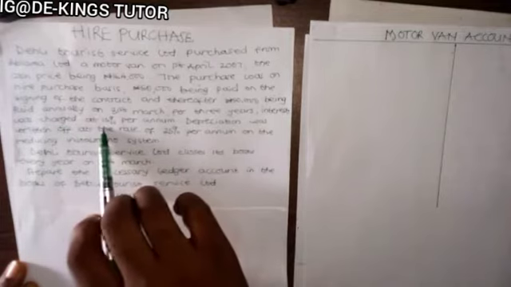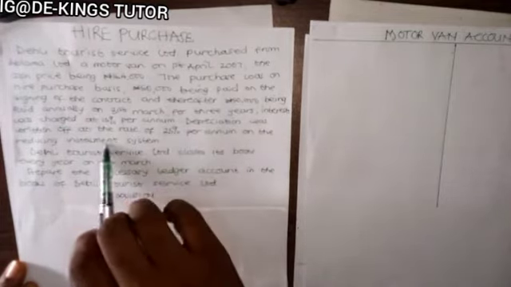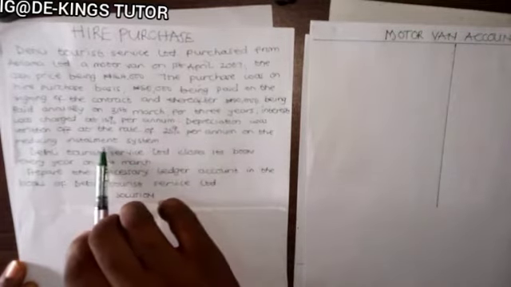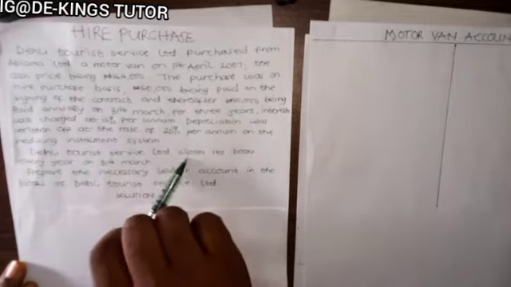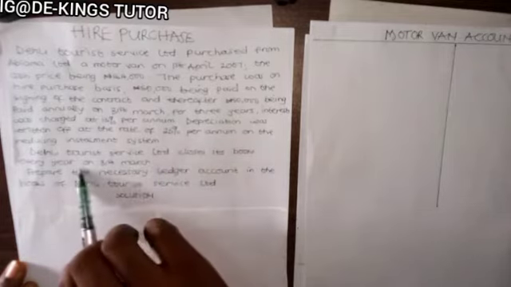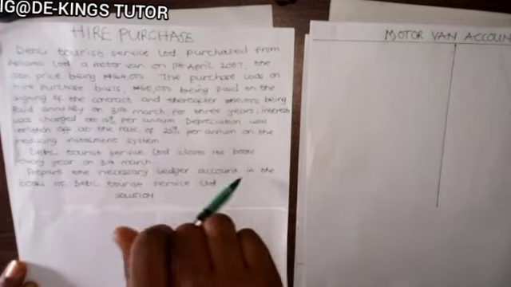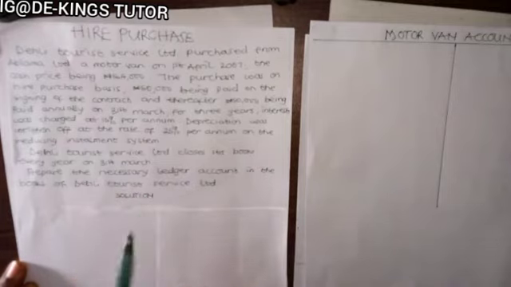Interest was charged at 15% per annum. Depreciation was written off at a rate of 25% per annum on the reducing installment system. Delhi Tourist Service Limited closes its book every year on 31st March. Prepare the necessary ledger accounts in the book of Delhi Tourist Service Limited.